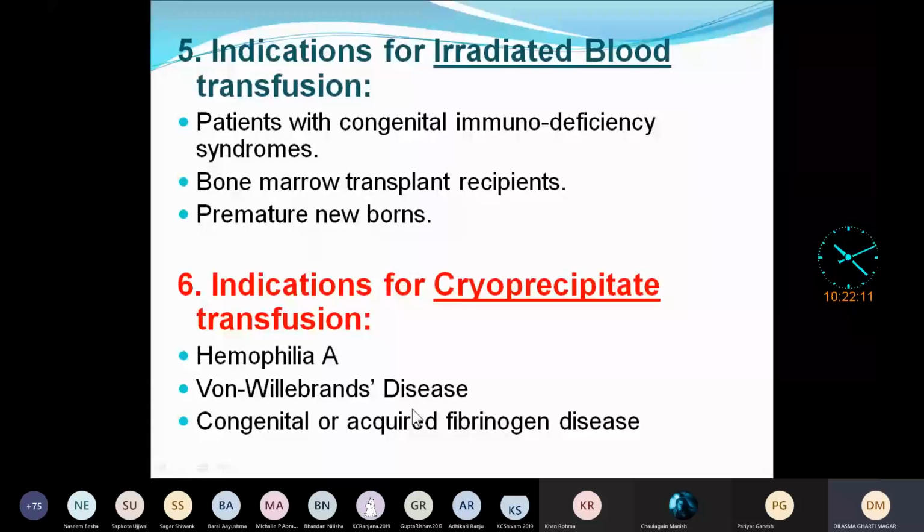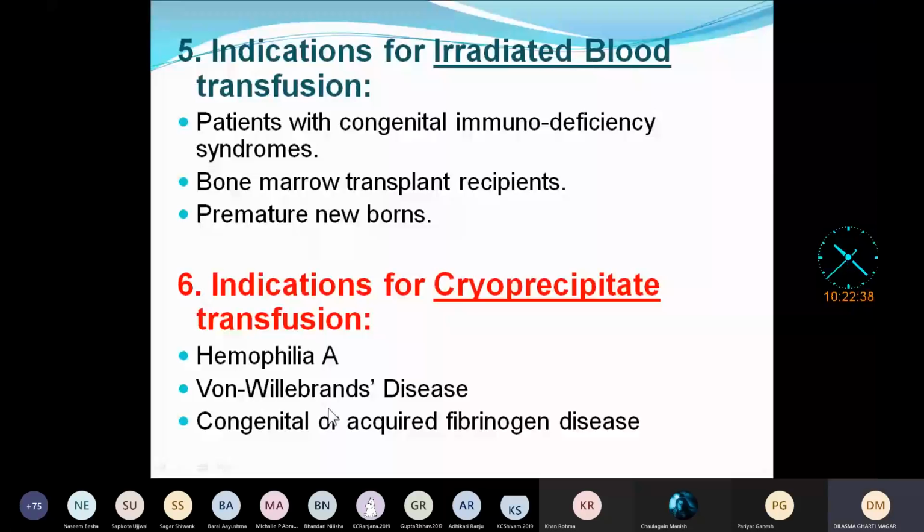We can also give in case of the hemophilia B, or the Christmas disease. Here only one I have written, but still you can say hemophilia A, hemophilia B, and then von Willebrand disease, because in von Willebrand disease the von Willebrand factor will be deficient, isn't it? So in that case also we can give.